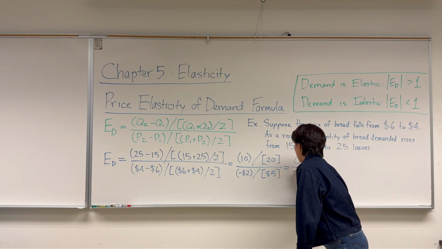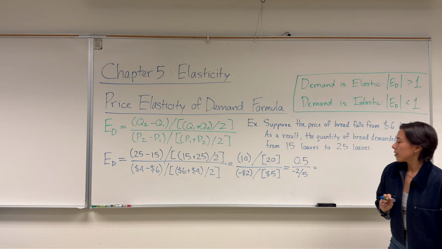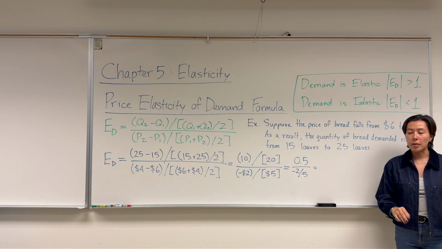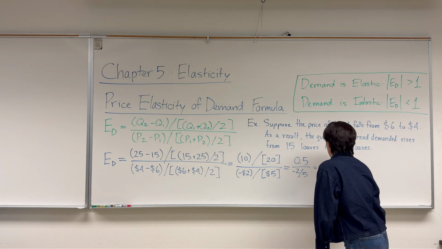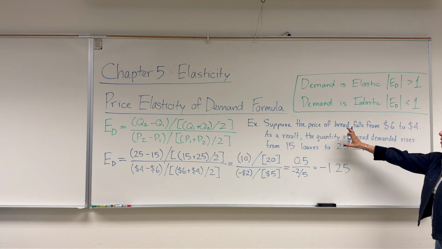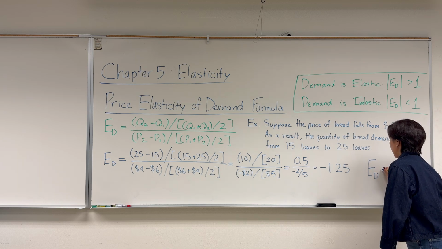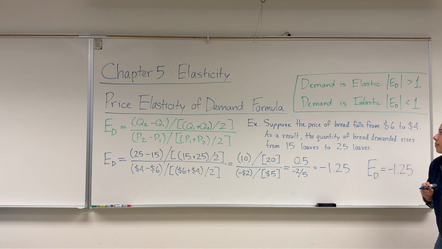I'm just going to leave that this way and plug it into my calculator. So now in my calculator, I can do 1/2 divided by negative 2 over 5. And what I will get is negative 1.25. So what this means is that for my bread problem, my price elasticity of demand for bread is negative 1.25.